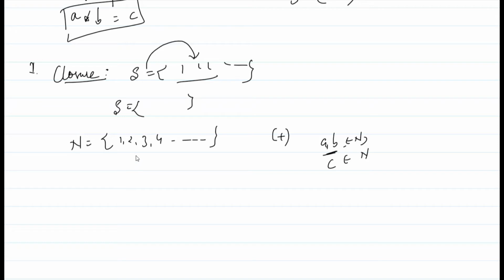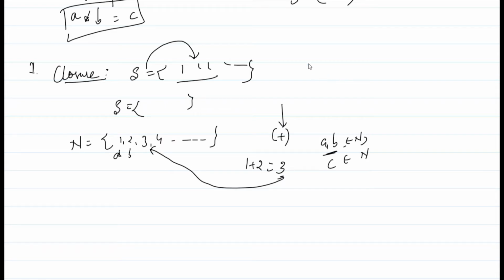Say for example, here if I consider 1 as a, and 2 as b, if I operate these two elements with a plus operator, 1 plus 2 will give you 3, right, and 3 is also present in the set of natural numbers if you observe here. That is the concept of closure here.